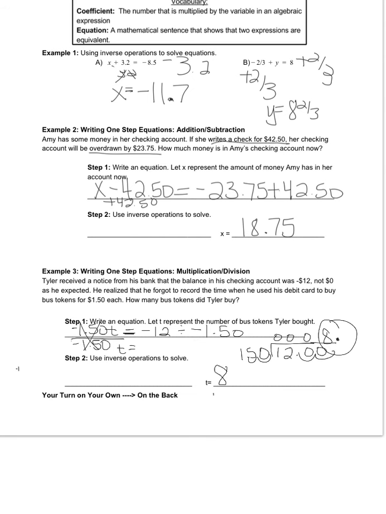So t is equal to 8. Fitting back into this problem, we can see that he bought 8 bus tokens. And we can again check it by substituting our value in place of our variable. If we were to take negative 1.50 times 8, we would get a negative 12.